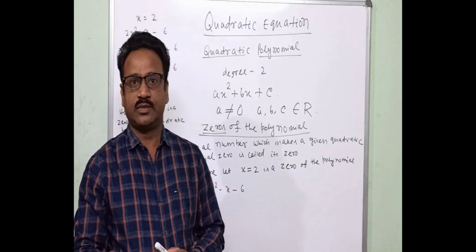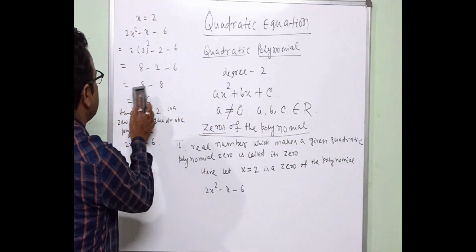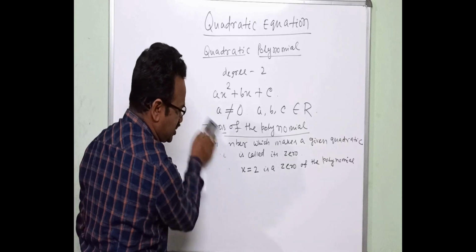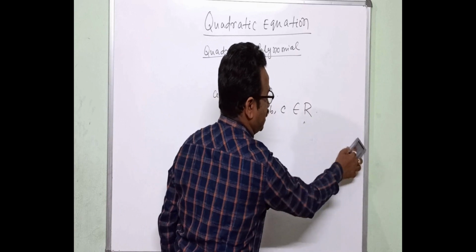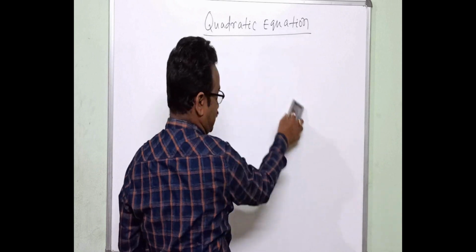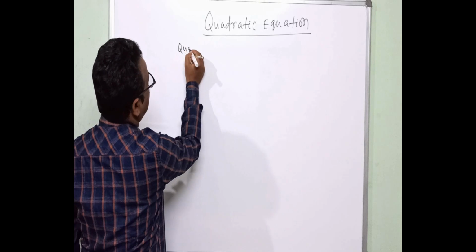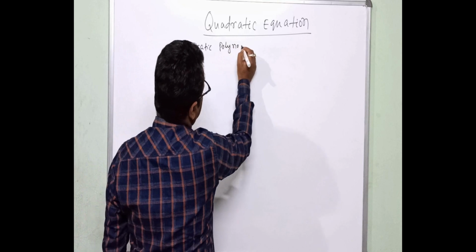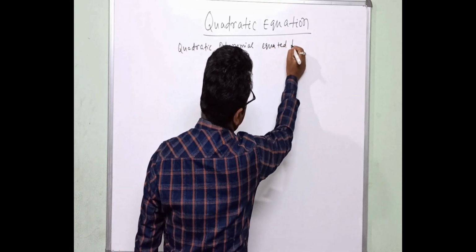Now, we'll go to the next, the quadratic equation. So first of all, what is an equation? You know linear equation of one variable, linear equation of two variables. And today we will discuss quadratic equation. A quadratic equation means the quadratic polynomial equated to 0.